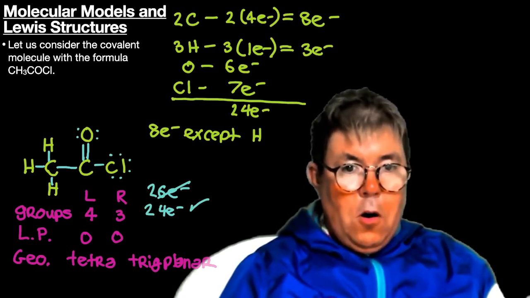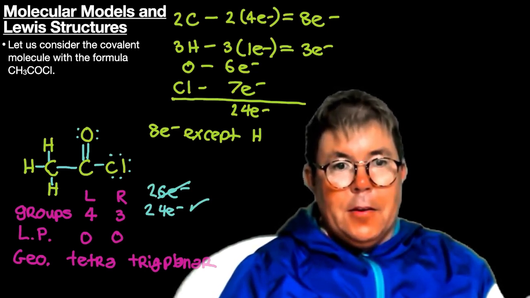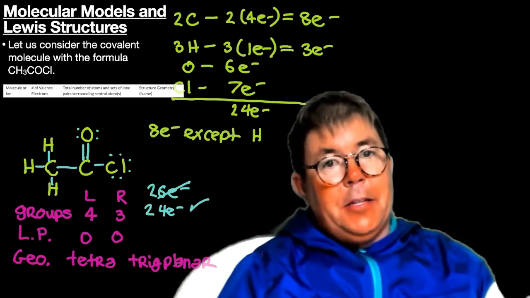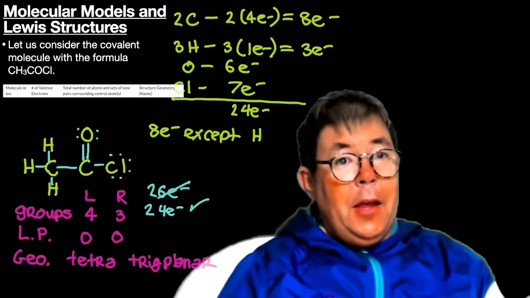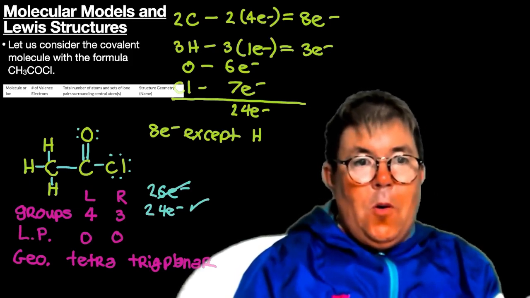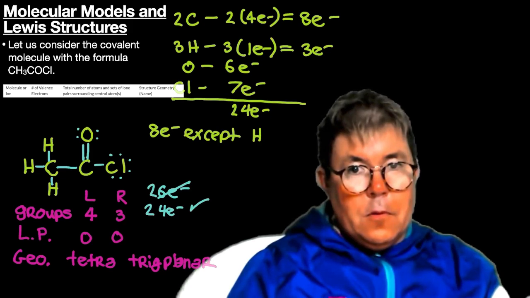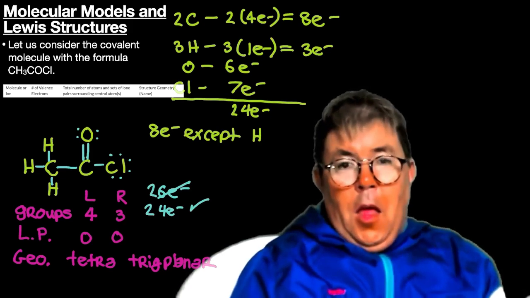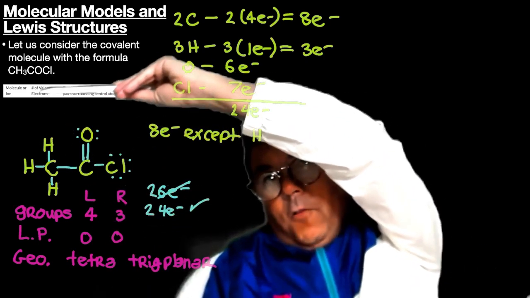So moving on. I think you can see this. I put up a table heading. So this is the table heading from the data table you're going to complete online. You'll be given the molecular formula.